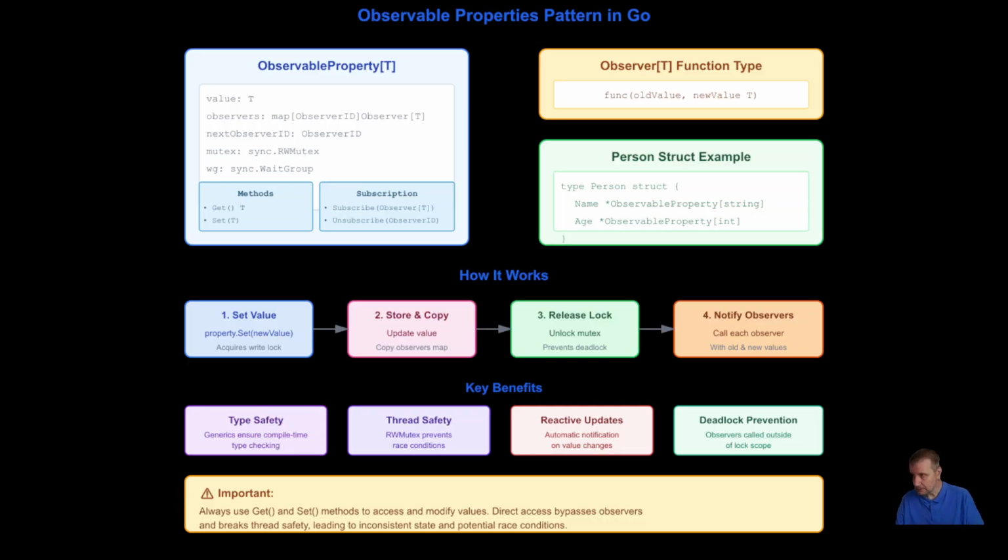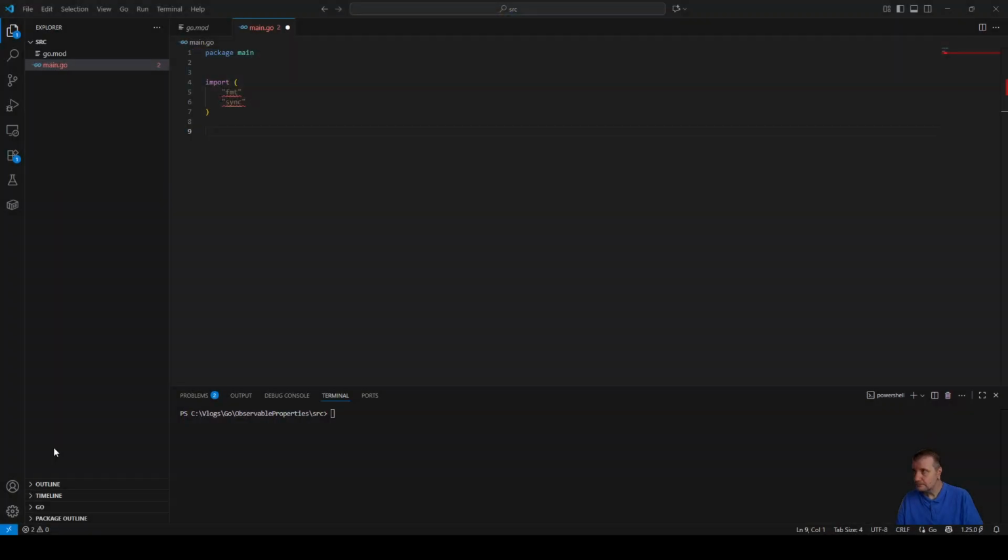Now, let's start on some code. We have the main package here and the import. We need to import fmt and sync. Fmt is needed for printing out, because in our main program we'll be printing out some things.